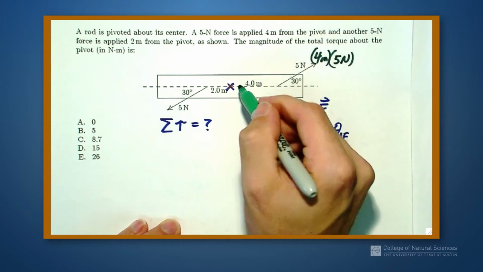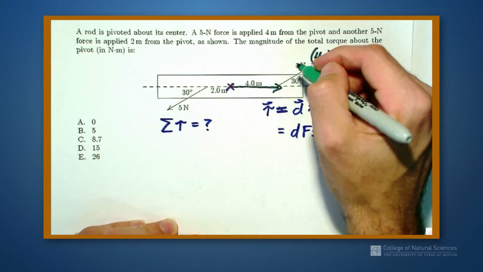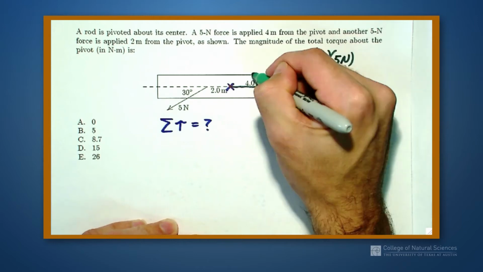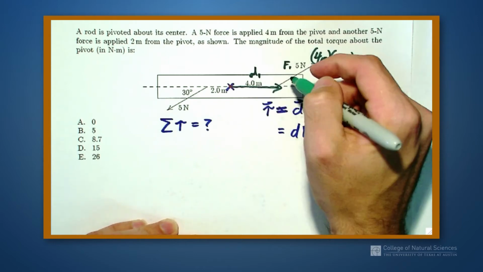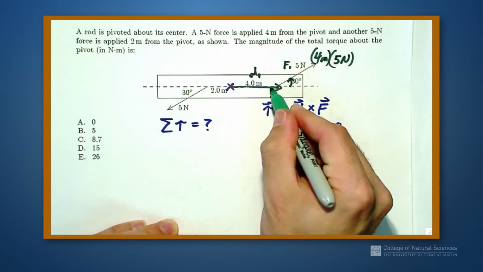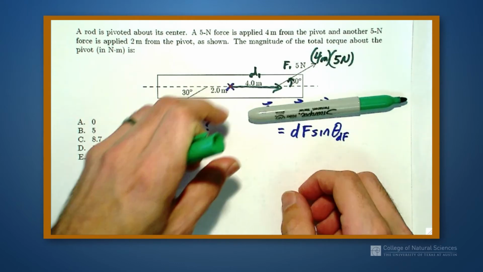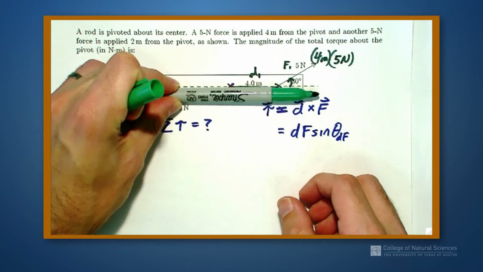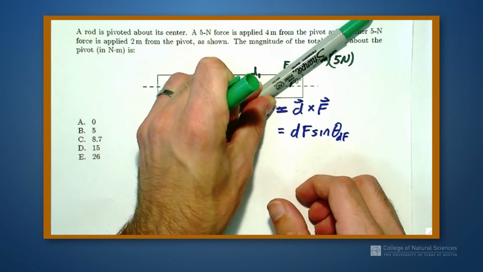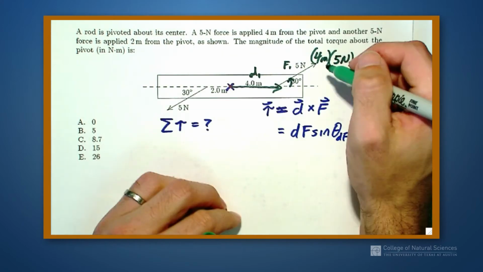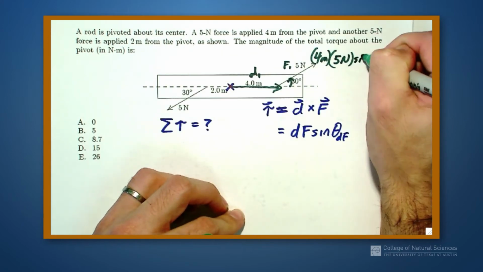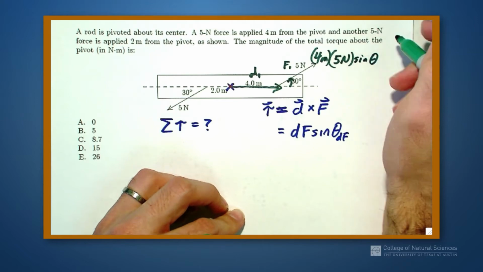This is going to be F1 D1, and I know that my angle is measured from the displacement vector into the force vector. So that means that this angle is 30 degrees. So sine of 30 degrees, or theta 1.